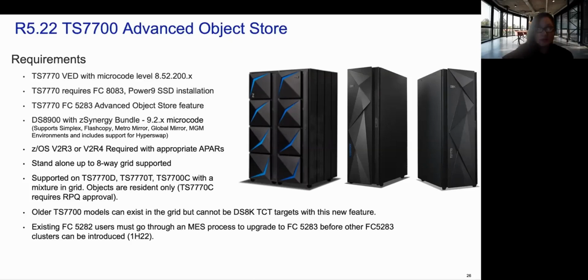And once again, the 7700 could be a standalone or up to 8-way grid. We do support the advanced object store on your 7770 disk only, your tape. Also in cloud, but the cloud does require a RPQ approval, mainly because when we deliver this, we think that we're probably not going to have the cloud attached fully tested yet.